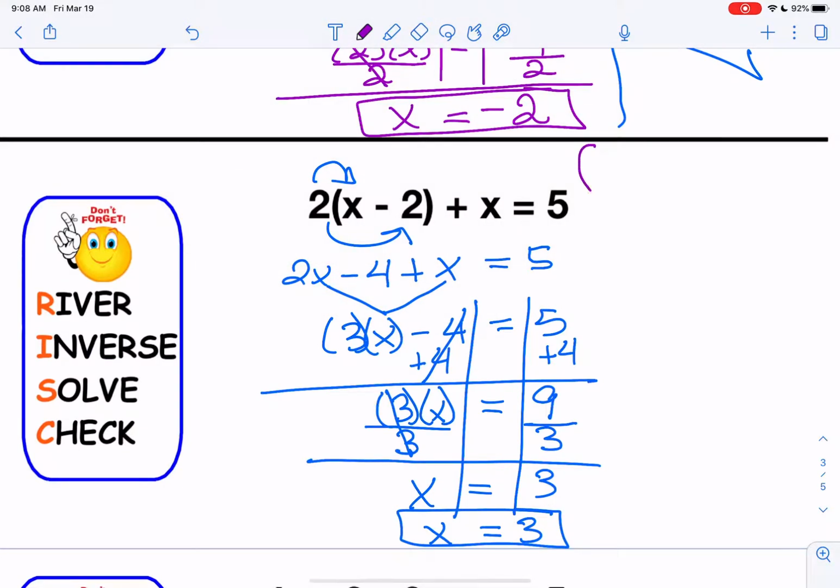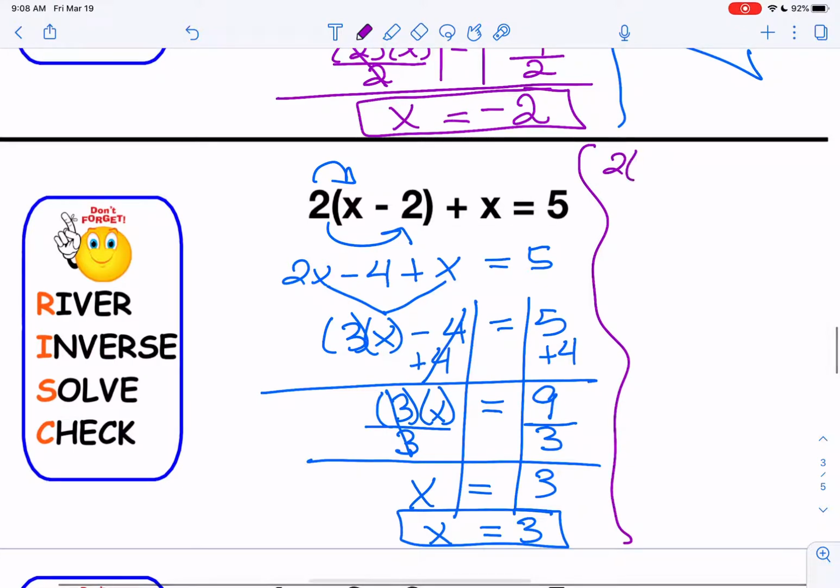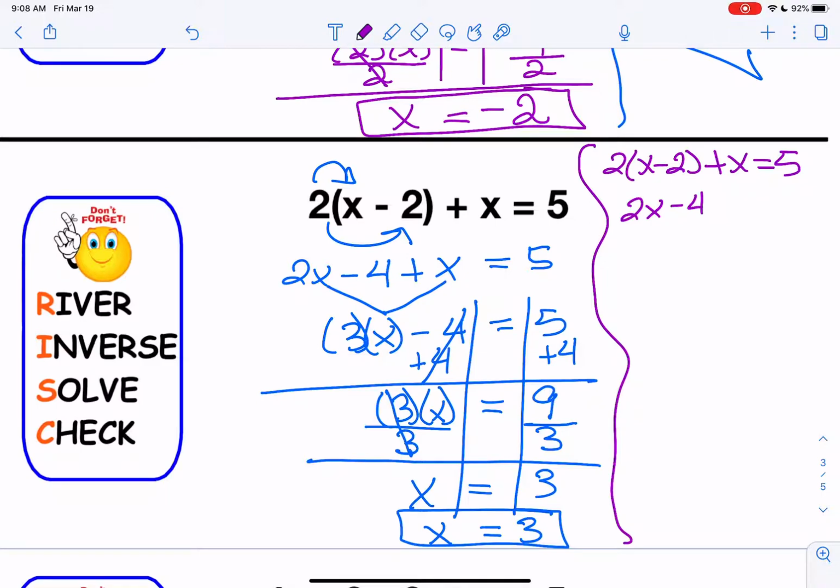We can plug that back in to see if we did it right. So the original equation is 2 times x minus 2 plus x equals 5. That simplified to 2x minus 4 plus x equaled 5. And then it ended up being 3x minus 4 equals 5.